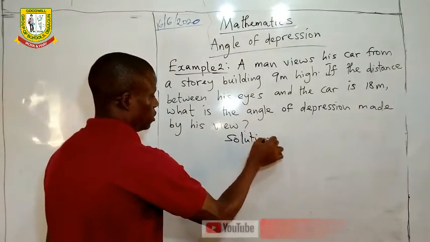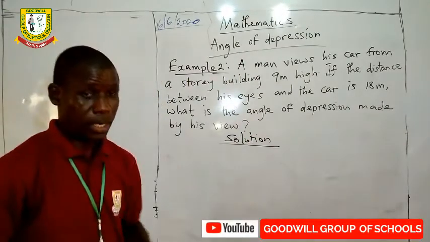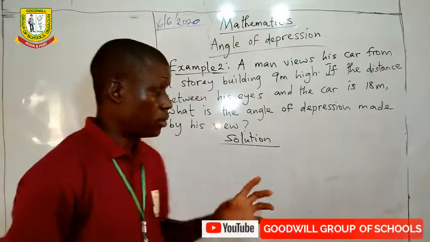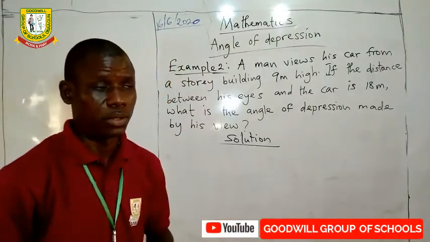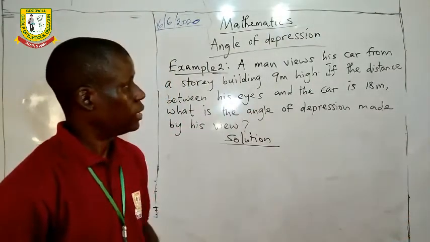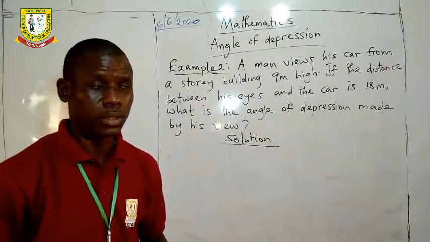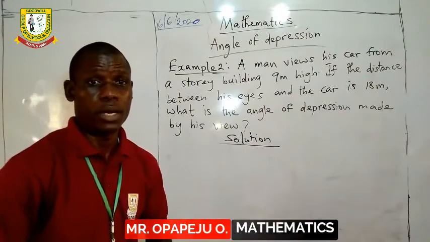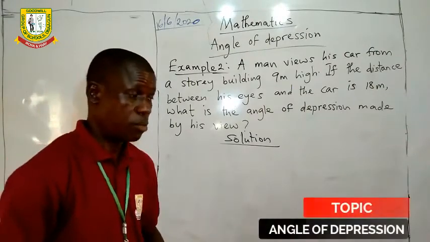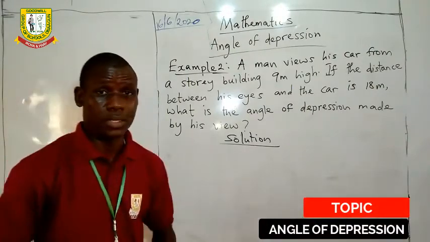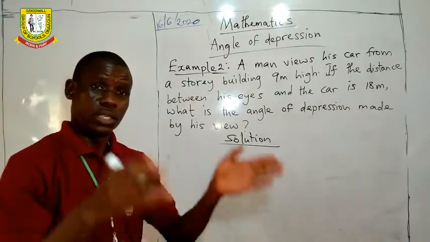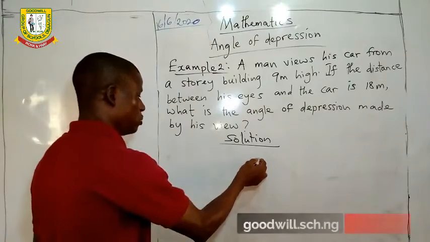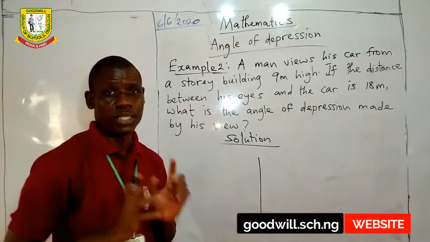Now, let's work on this together, and as I will always say, you should be able to get a correct diagram for this question. This question is talking about a building. Applying our common sense tells us that the building is standing vertically, so the building should just be represented by a vertical line.